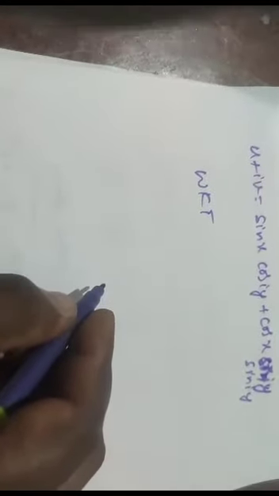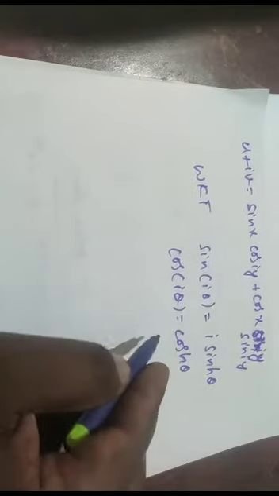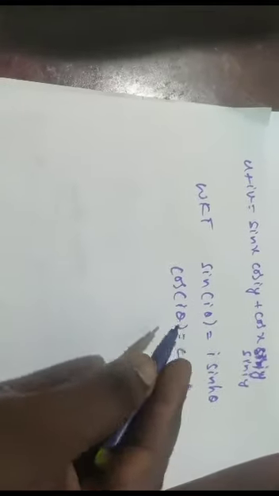Next we have to remember these two formulas, hyperbolic function in terms of sine of i theta and cos of i theta. Sine of i theta equal to i sine hyperbolic theta, cos of i theta equal to cos hyperbolic theta. Apply this to the above equation, that is u plus iv equal to sin x. In place of cos iy, we write cos hyperbolic y.